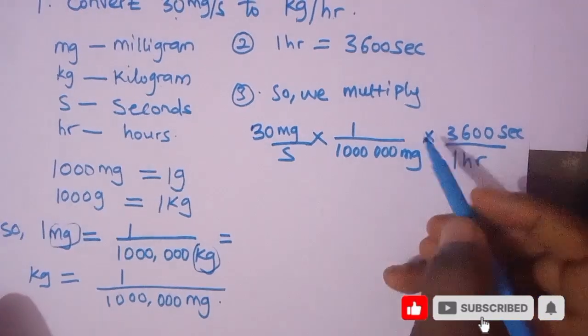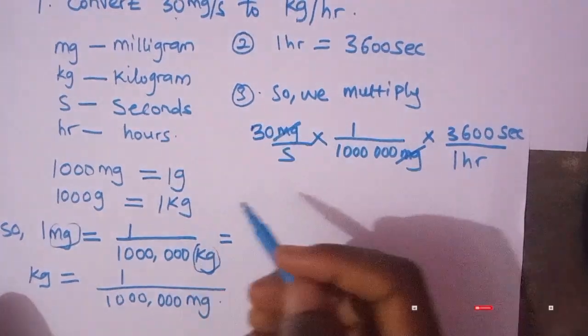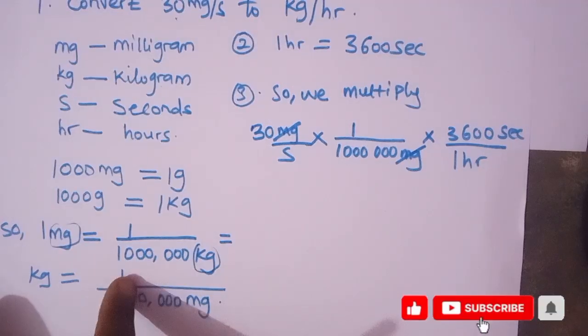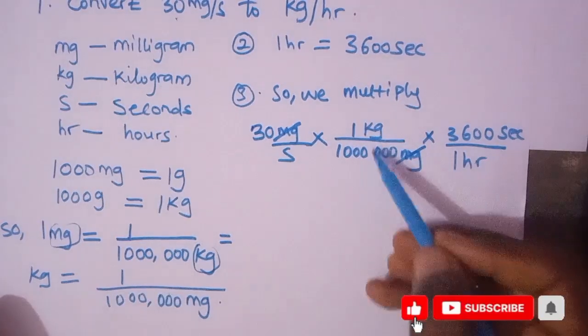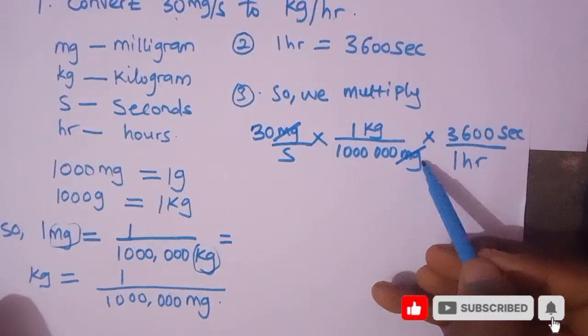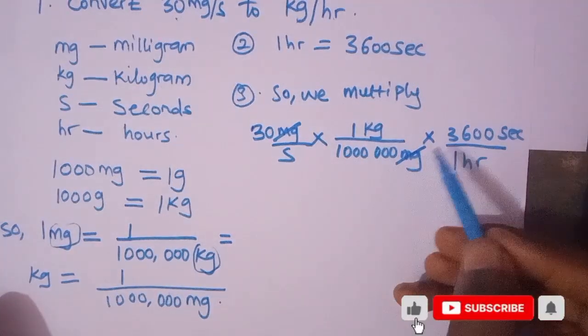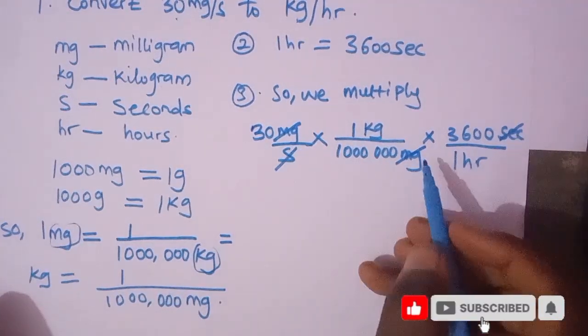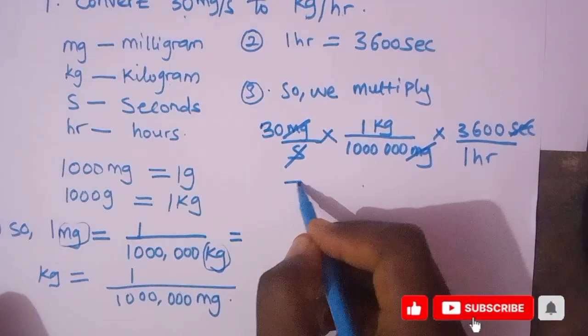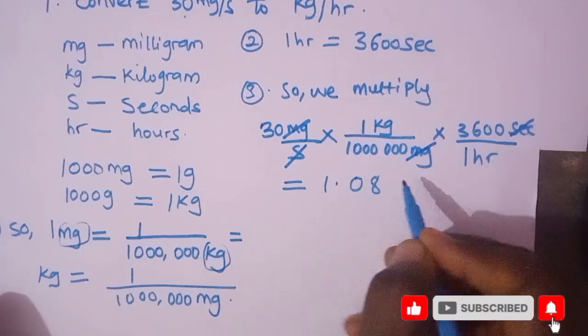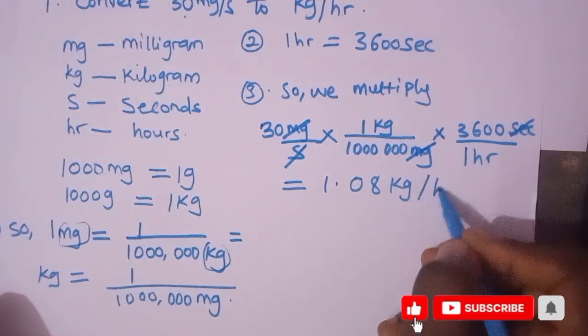So from here, this will cancel milligram, since we are converting milligram to kilogram, so we say 1 kilogram is equal to 1000 milligram. So milligram cancels milligram, seconds will cancel second, then we multiply it. Punch your calculator, answer becomes 1.08 kilogram per hour.